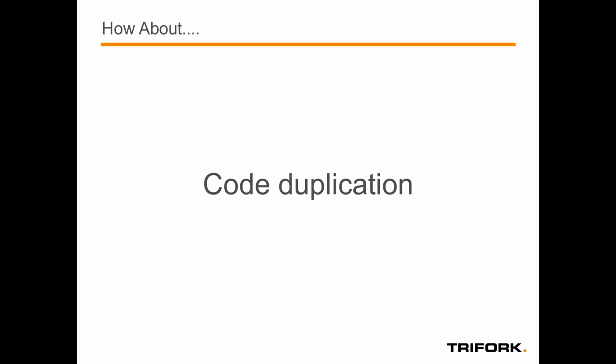Another question I always get is about code duplication. So we have these different models, and don't they really look alike? Won't they have the same code on each side? And that does not have to be the case. So typically, applications that are a good fit for Axon will have a certain amount of complexity, both on the command side and on the query side.